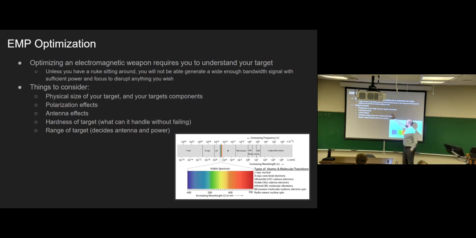Things to consider with regards to optimizing. So we discussed a couple things here, but we'll talk a bit in depth about what's going on. The physical size of your target and specifically your target's components. Often you're not hitting the target broadly unless you don't know a lot about it and you're just shooting to shoot. Normally you're aiming at target components, although you can often assume most things use common components that are available.